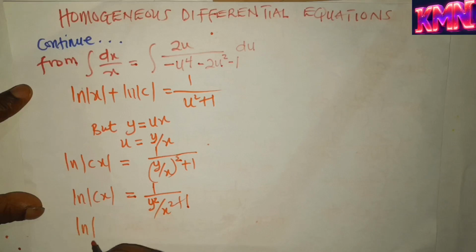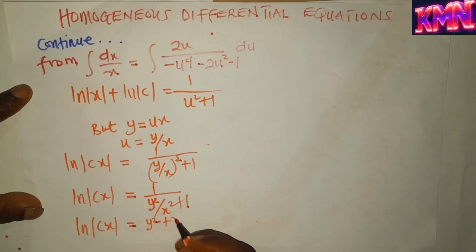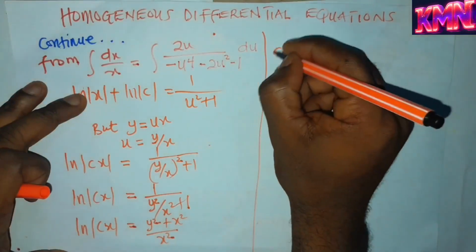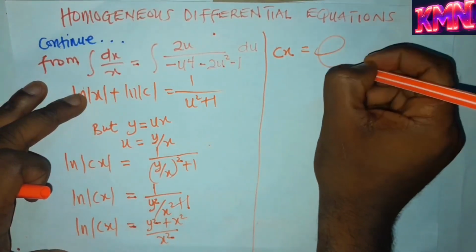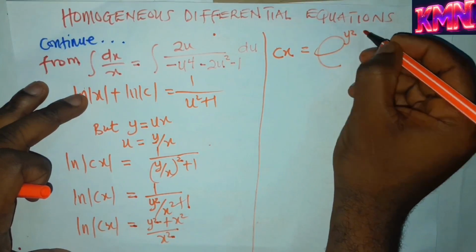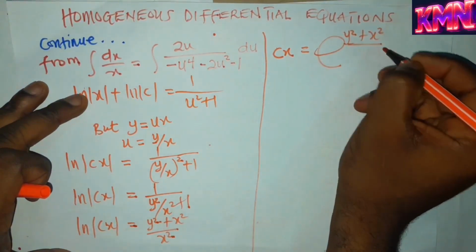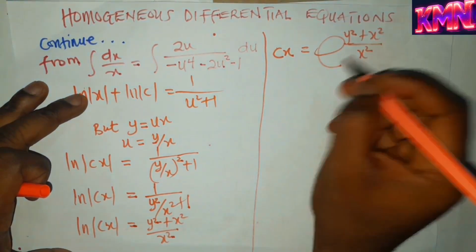That will give us ln cx equals x^2 on (y^2 + x^2). The answer becomes cx equals e to the power x^2 on (y^2 + x^2).